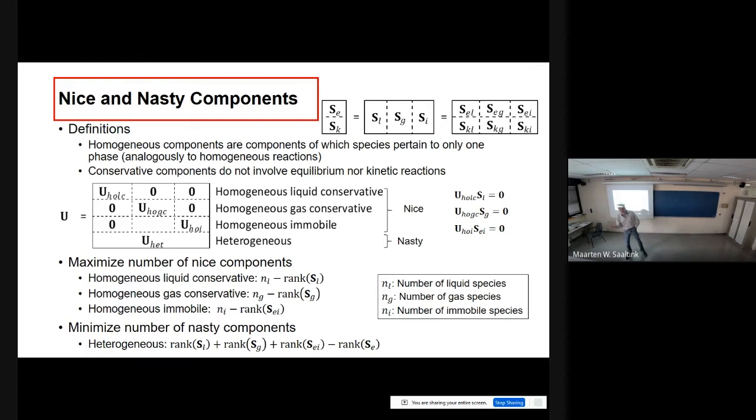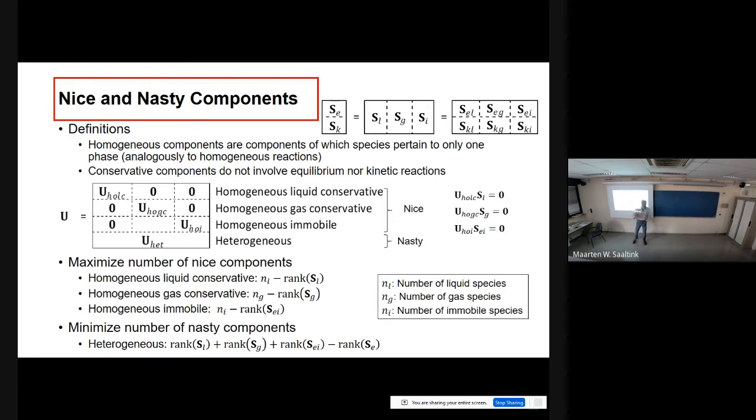Homogeneous reactions are reactions of species that all pertain to the same phase. So homogeneous components are just components of which the species pertain to only one phase. So that's one definition.